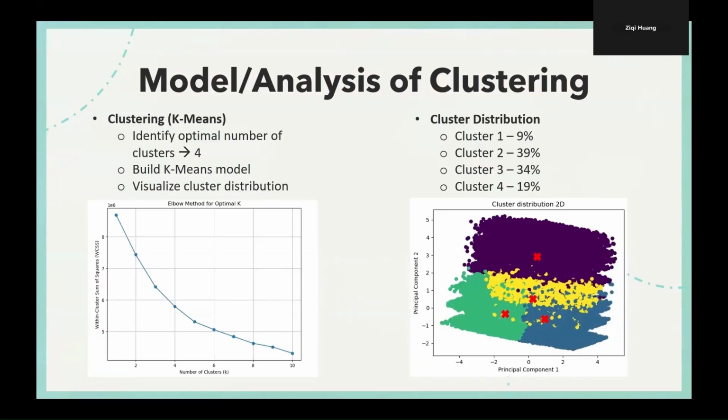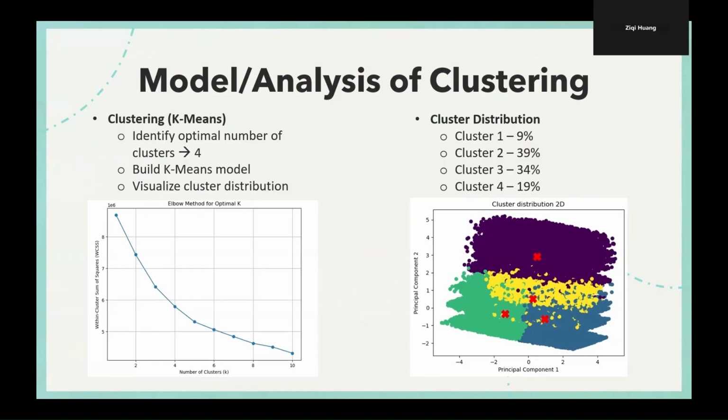Before we move on to modeling the clusters, we used the elbow method to find the optimal number of clusters, k. As you can see from the bottom left plot, when k is equal to 4, it's an elbow where the rate of decrease suddenly slows down. This implies that increasing k beyond this point yields only marginal improvements.